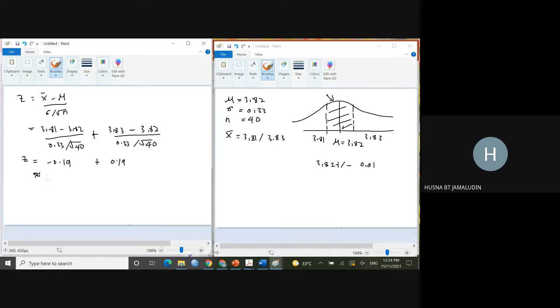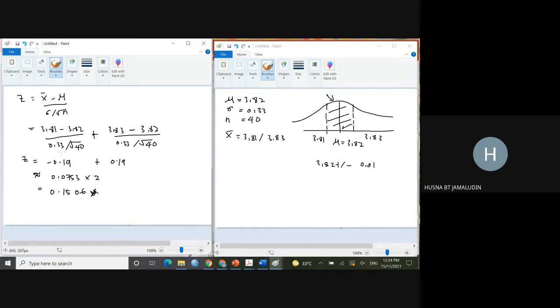So when you look at the z table, you should get the value of 0.0753. Because these two are the same thing, normally I will just multiply with 2. You can just plus these two numbers, it's up to you. So it should give you the value of 0.1506.